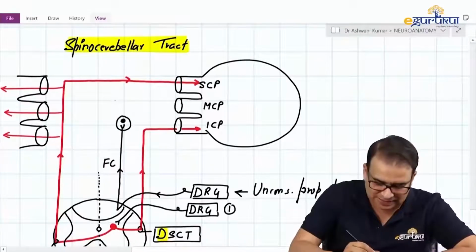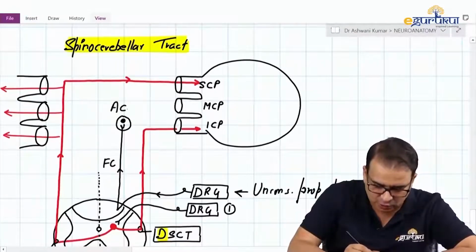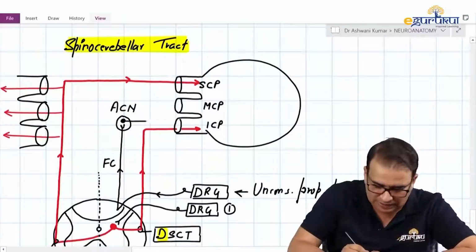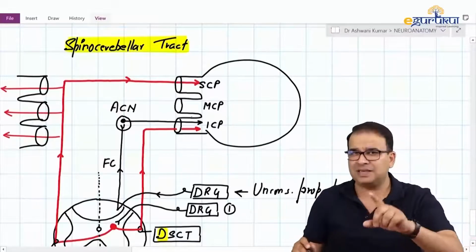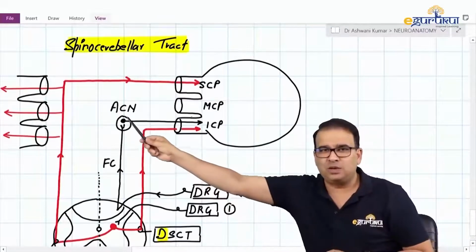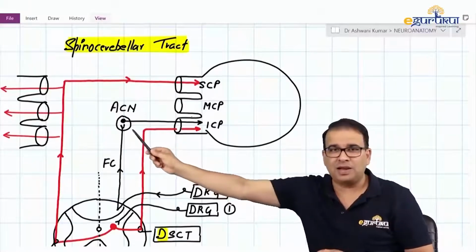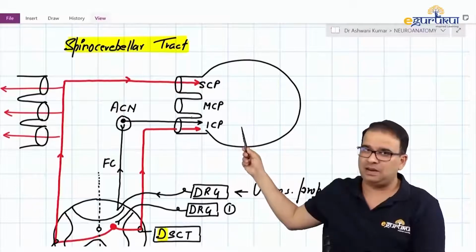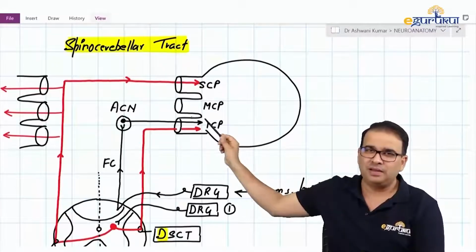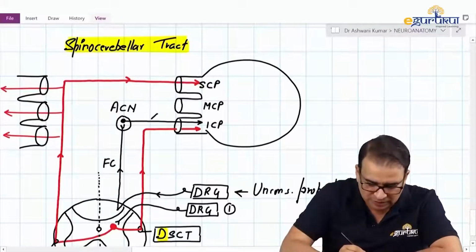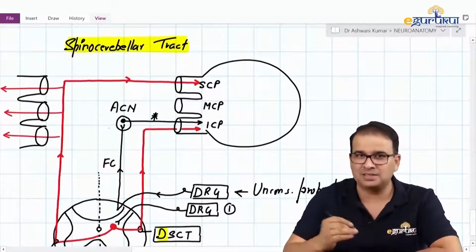So, this here is ACN, the accessory cuneate nucleus, from which the second order neuron will come and they will enter again through the same inferior cerebellar peduncle, which makes sense because accessory cuneate nucleus is present in medulla oblongata. And if a fiber is coming from medulla oblongata and it has to go inside the cerebellum, it obviously will go from which peduncle? Inferior cerebellar peduncle only. So, guys, what should be the name of this tract? It is coming from accessory cuneate nucleus.